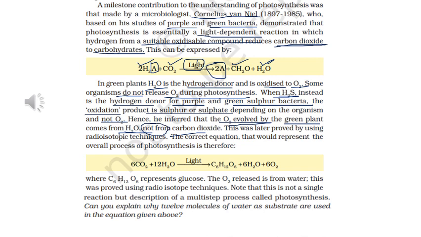This was later proved by using radioisotopic techniques. The correct equation that would represent the overall process of photosynthesis is therefore 6 carbon dioxide plus 12 water molecules, in the presence of light, give rise to glucose, that is C6H12O6, plus 6 water and 6 molecules of oxygen, where C6H12O6 represents glucose.